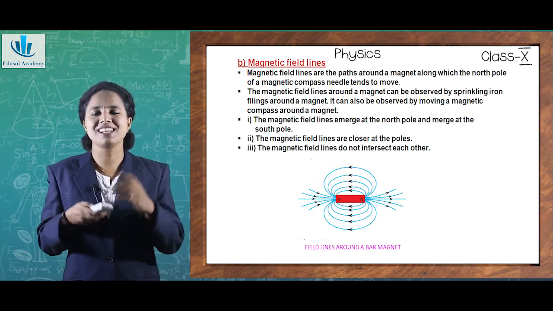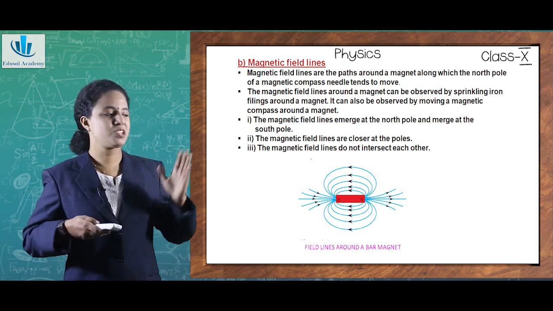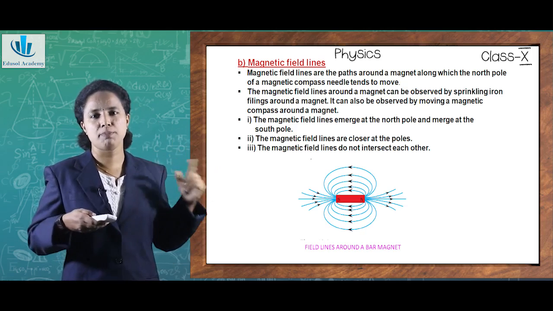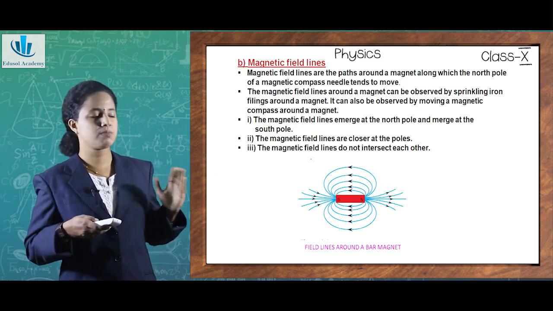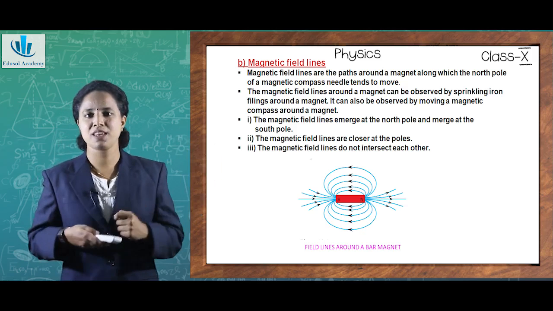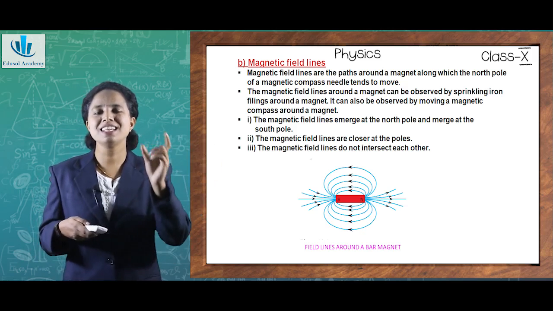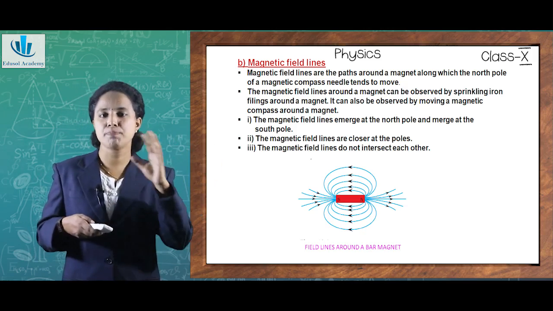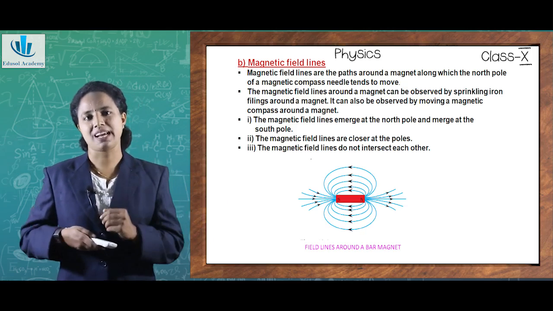Magnetic field lines are just the field lines around the magnet. As you can see in the picture, there is a magnet which is placed, and around it there are certain field lines. What is the nature of these field lines? You can see that these magnetic field lines are the paths placed around a magnet.